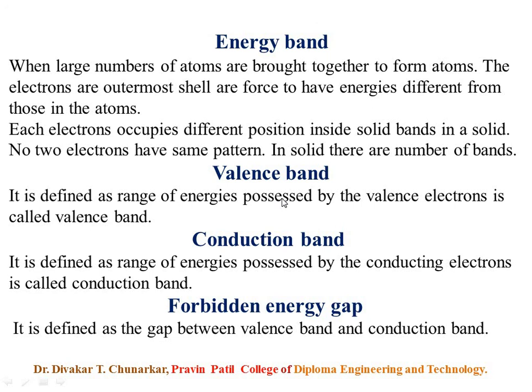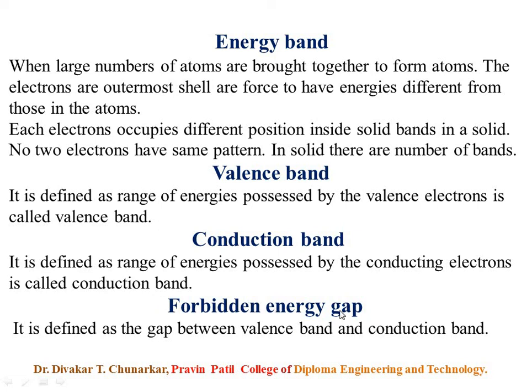So what I am saying: in an energy band there are two bands, the valency band and the conduction band. The range of energy possessed by the valence electrons is called the valency band, and the range of energy possessed by the conducting electrons is called the conduction band.